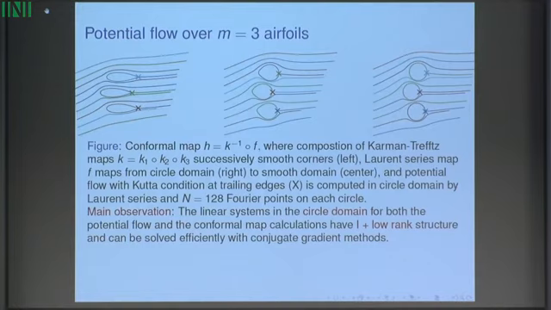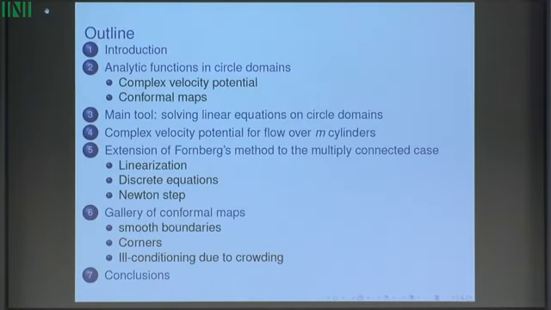So there's an outline of what I want to do. I'll show you the forms of the maps and the potentials. I'll give a pretty simple example of the main observation of what the linear equations look like, and then discuss a little bit the system for the complex velocity potential.